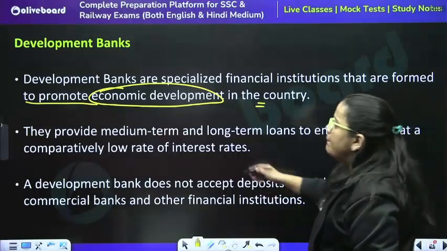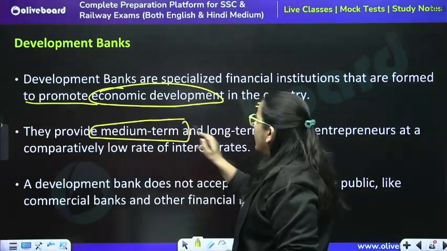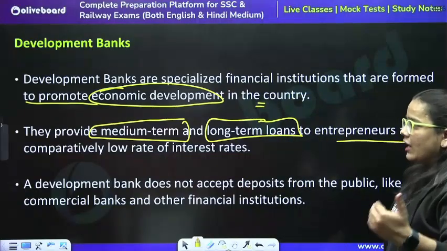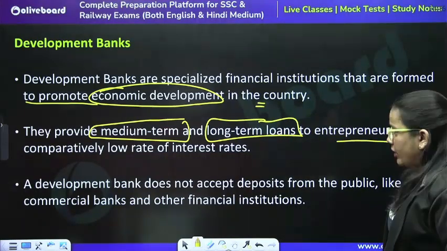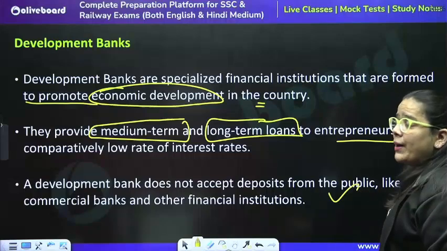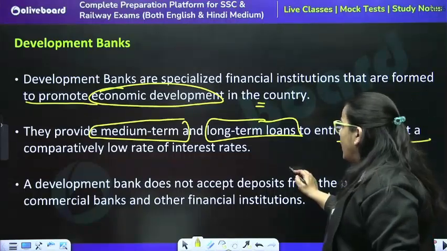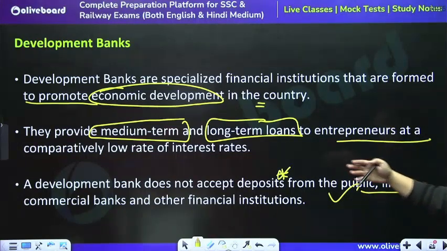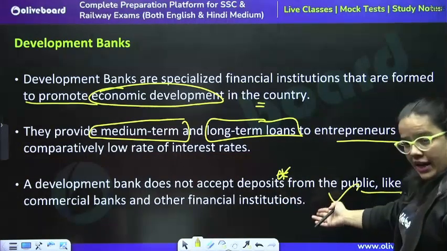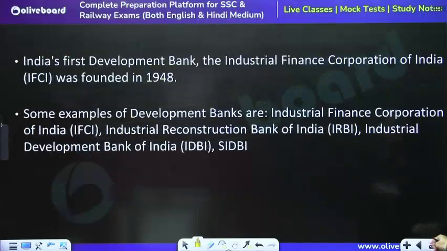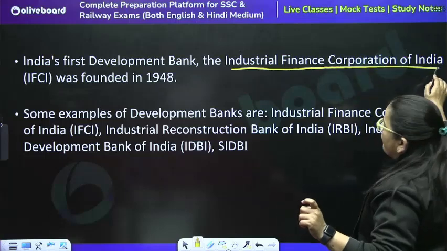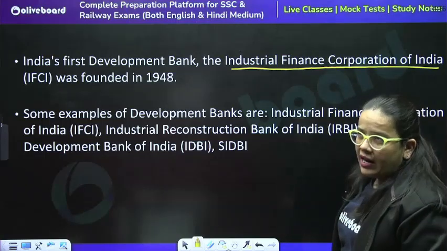They provide medium term and long term loans to entrepreneurs at a comparatively low rate of interest. A development bank does not accept deposits, very important, from the public like commercial banks and other financial institutions. India's first development bank was the Industrial Finance Corporation of India, or IFCI.